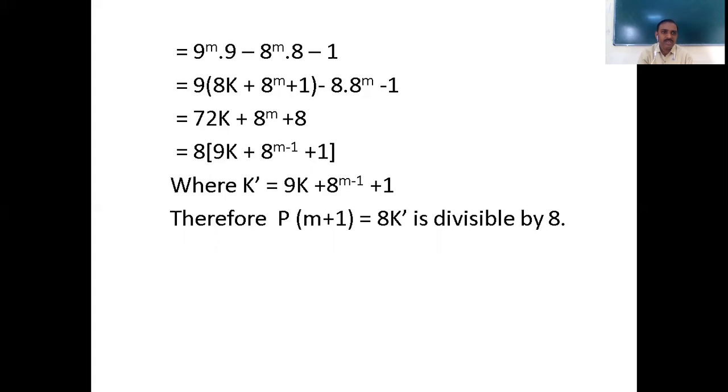Multiply inside, we get 72k plus 8 raised to m plus 8. Taking out common 8, we get 8 into 9k plus 8 raised to m minus 1 plus 1, where k dash equals 9k plus 8 raised to m minus 1 plus 1. Therefore, P of m plus 1 equals 8k dash, which is divisible by 8.